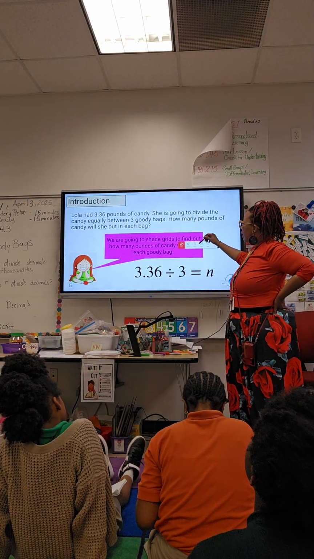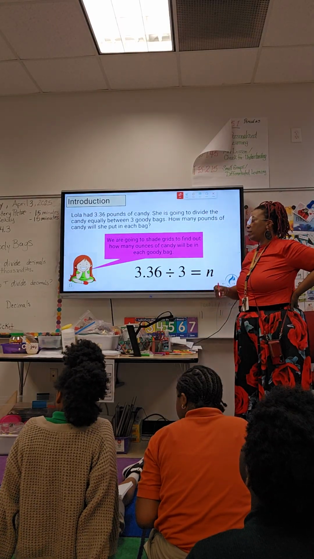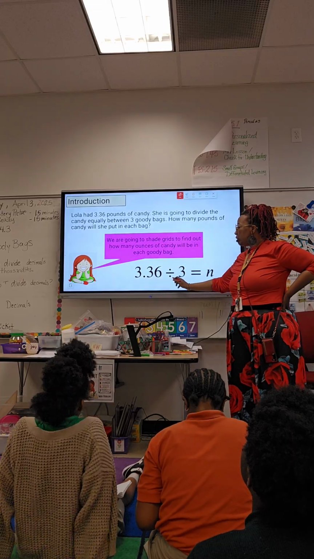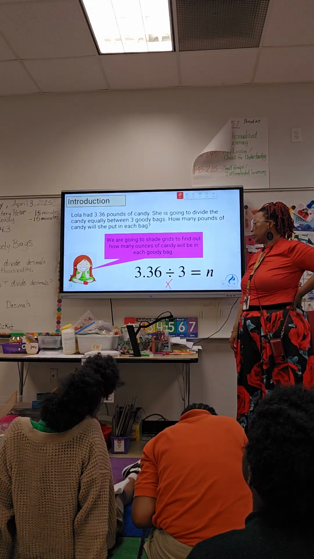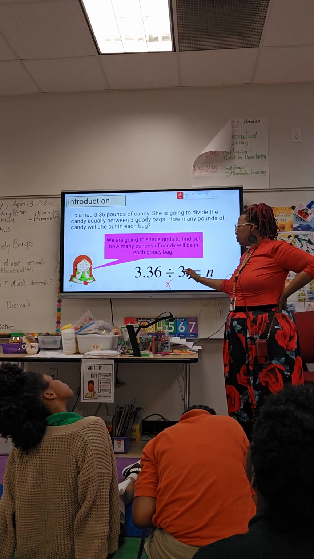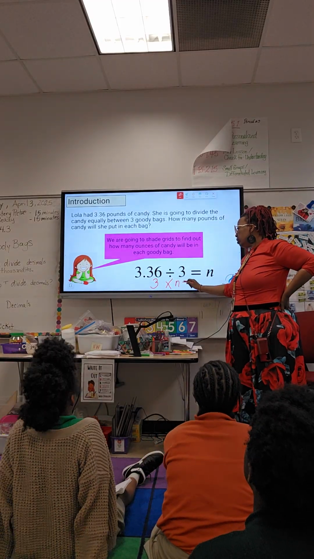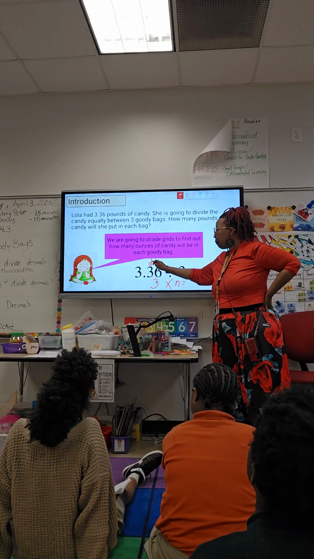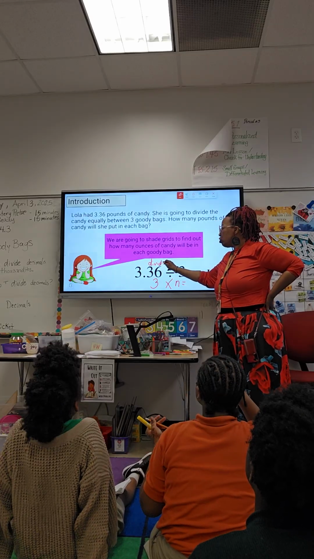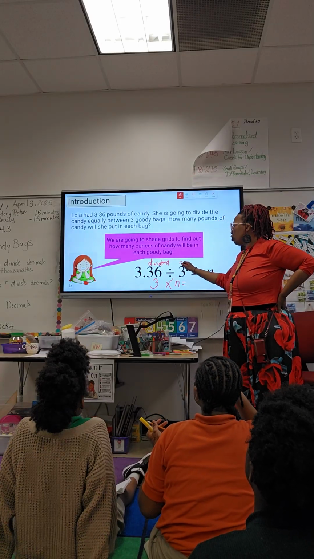One of the things that I can look at when I'm dividing is understanding that division is the inverse operation of multiplication. I know that I can multiply this number, 3, times something to get my dividend. Remember, this is your dividend, this is your divisor.